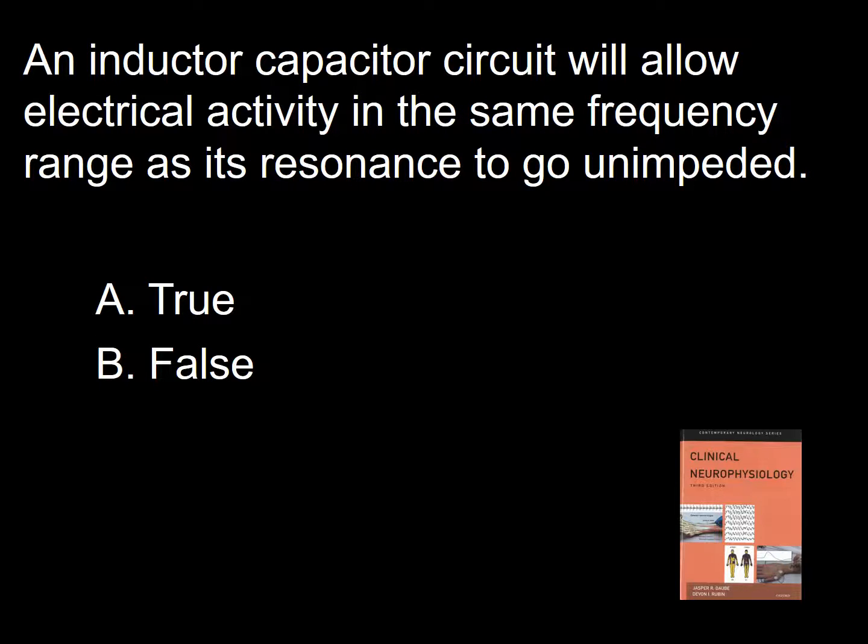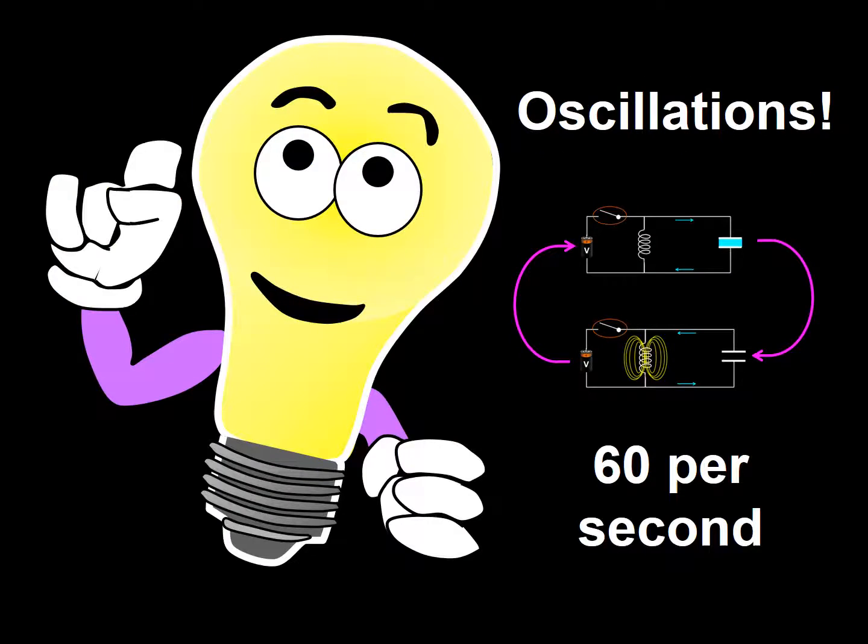Next question. An inductive capacitance circuit will allow electrical activity. We already explained that an inductor capacitor circuit has oscillations, and that the frequency of the oscillations, that is the resonance of such a circuit, can be manipulated to occur at a specific frequency.